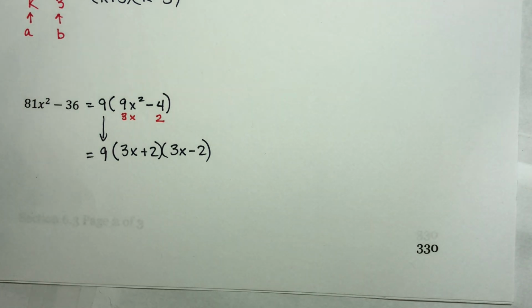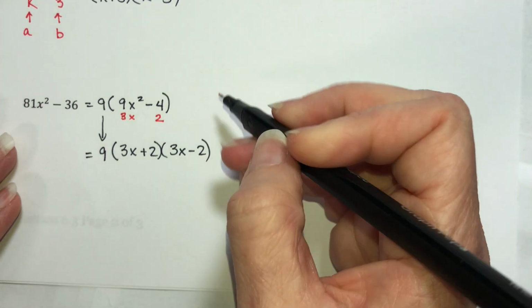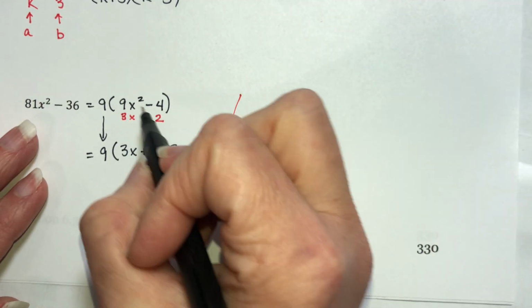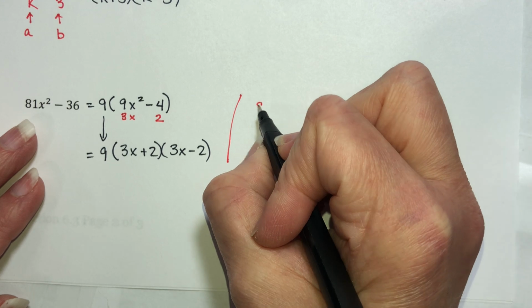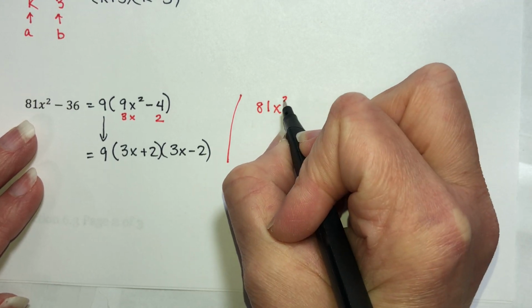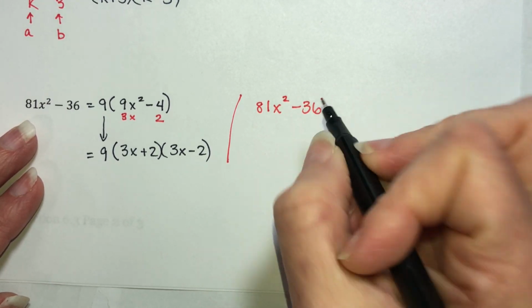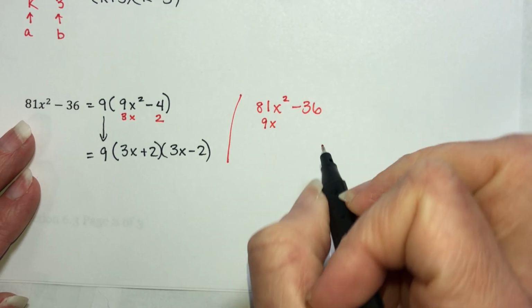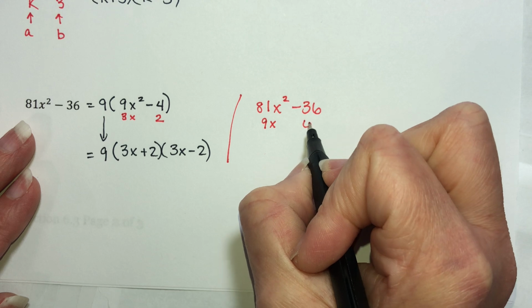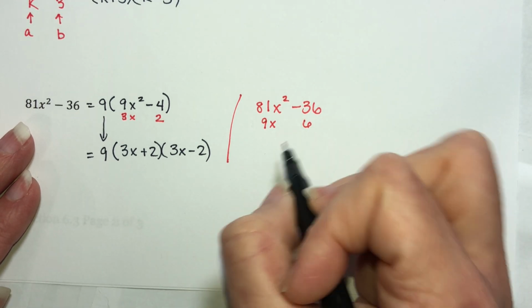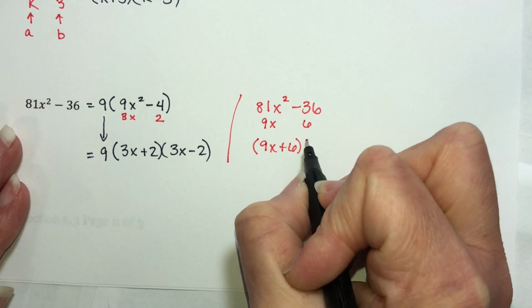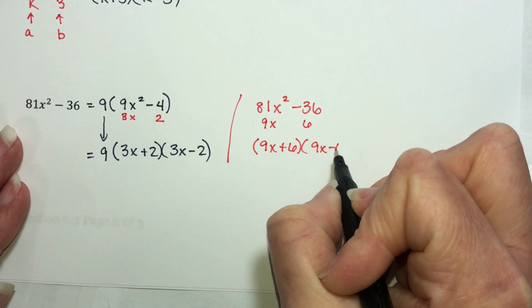And it does not. Okay, so just as an aside, what happens if you did not recognize that you could factor out a 9? So let's say I started off like this, and I noticed that this was a perfect square, and its square root is 9x, and the square root here is a 6. Well, if I use difference of squares here, I would have 9x plus 6 times 9x minus 6.